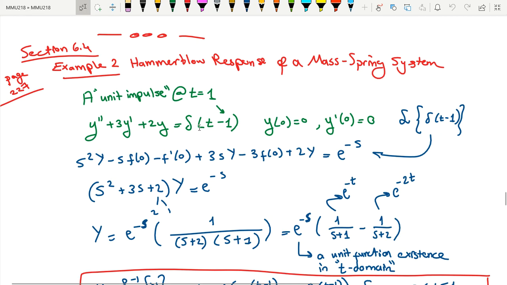Let me mark those for you. I'm going to be leaving these as 0. So what's left here? s squared, 3s, and 2 here. So those are my coefficients for the capital Y, and e to the minus s is on the right hand side.